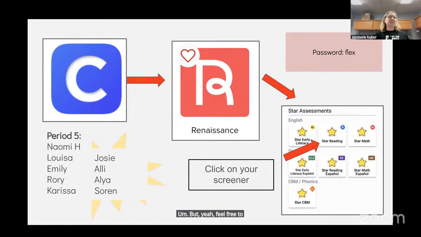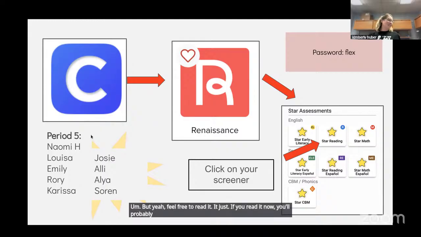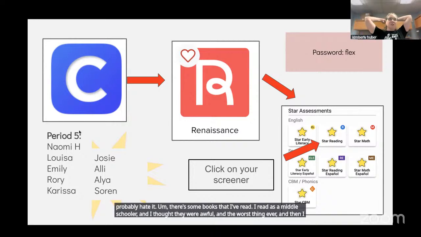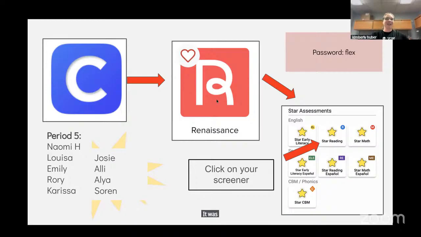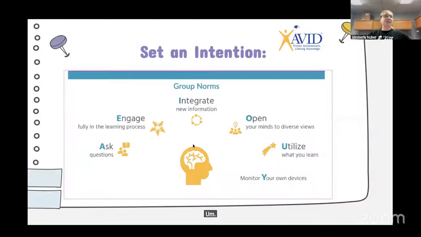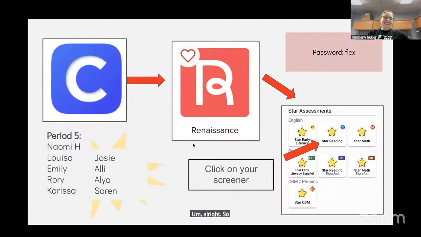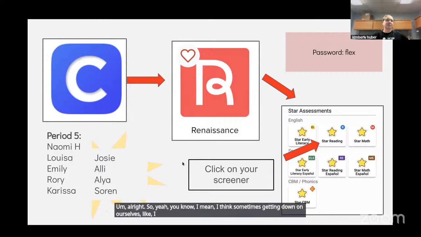If you read it now, you'll probably hate it. There's some books that I read as a middle schooler and I thought they were awful and the worst thing ever. And then I read them as an adult and I was like, oh, this was really good. I just didn't understand it. It was hard. That's okay. I needed more practice. All right. So I think sometimes getting down on ourselves, like, I don't like reading, it's because we're reading bad stuff. Soren, thank you for getting your reading screener.